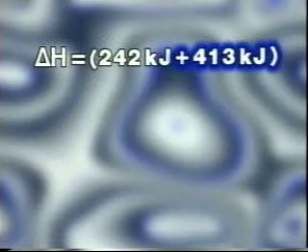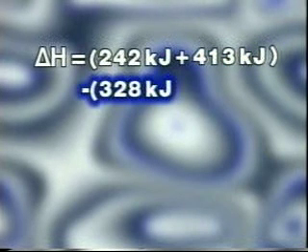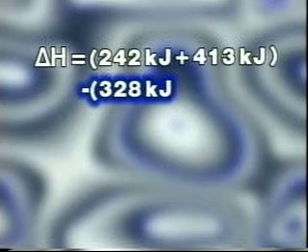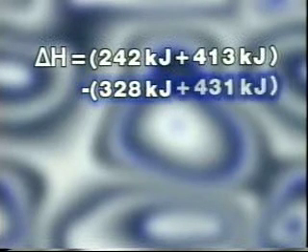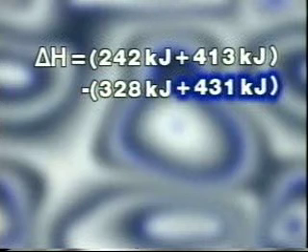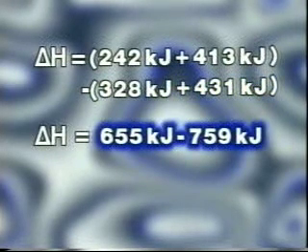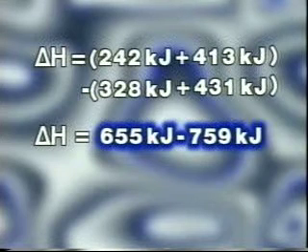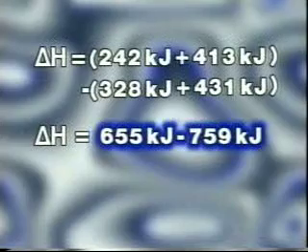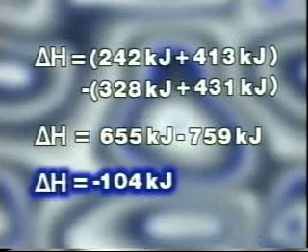And from that sum, subtract the sum of the energy given off when carbon and chlorine break apart, 328 kilojoules, plus the energy given off when hydrogen and chlorine break apart, 431 kilojoules. Gives us 655 kilojoules minus 759 kilojoules. The enthalpy of this reaction is negative 104 kilojoules.